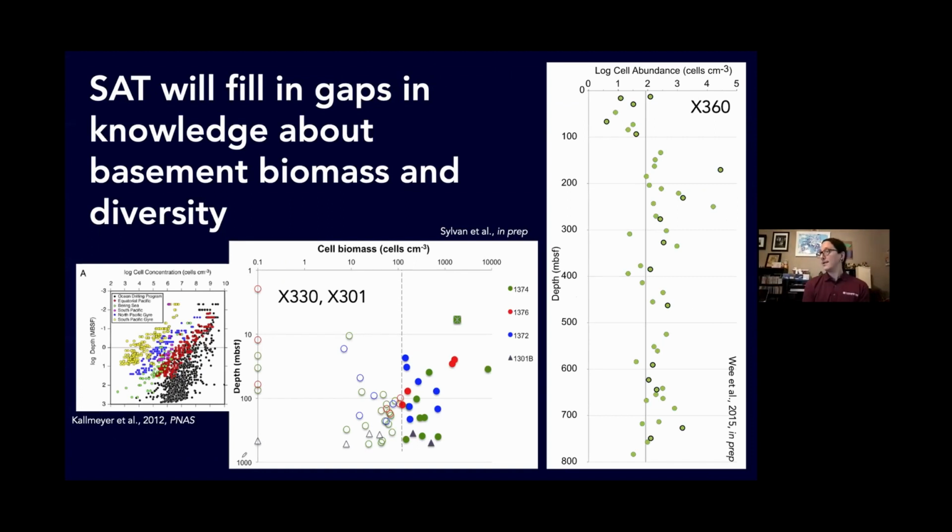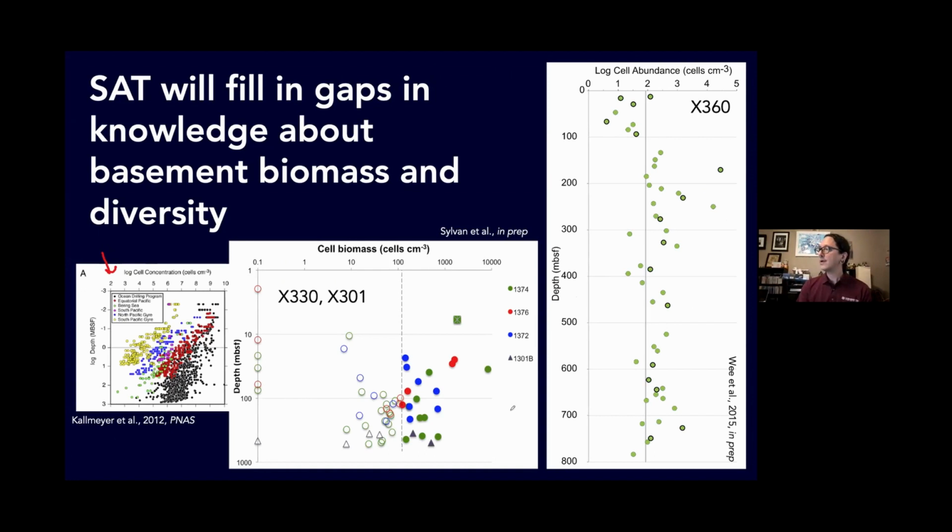So I do want to point out that this figure, which I've reproduced here, is representative of just sediments. And so there's very little data, even just cell counts from basement. My lab has generated some of that data that's hopefully coming out in different papers.